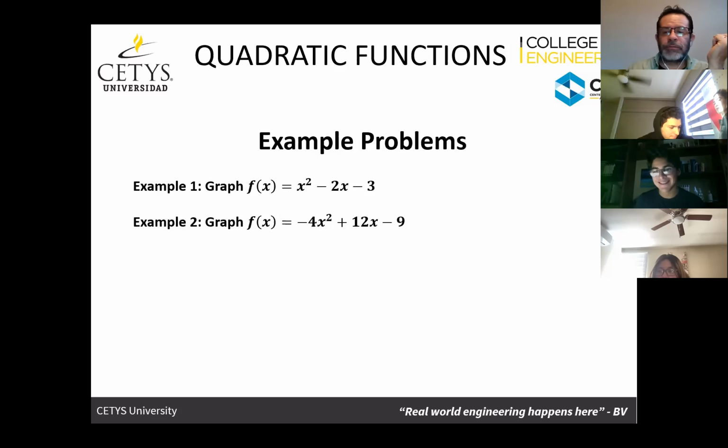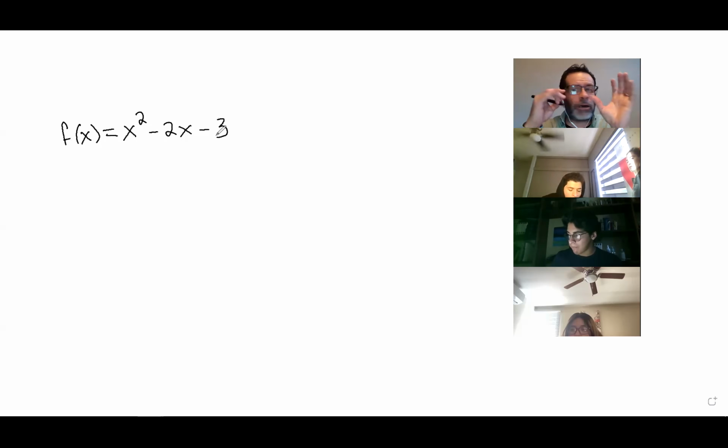Now, we're going to graph this. It's a bit trickier than the other ones we had, because when we had just the power function, we knew directly how the shifts were going to work. But right now we have a quadratic equation, a polynomial that we're going to graph, and to graph a polynomial we need a little bit more information, because the shifts, the reflections and all that are not going to be that direct or clear.